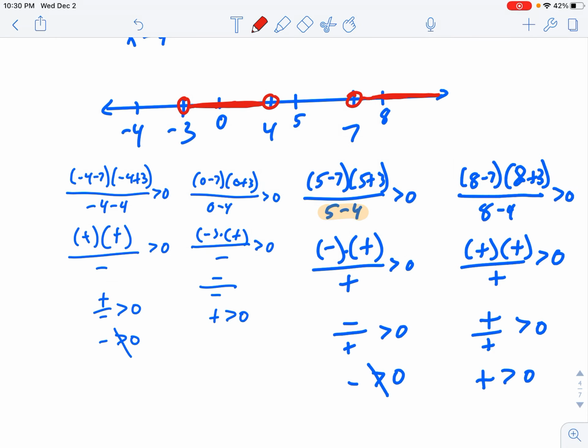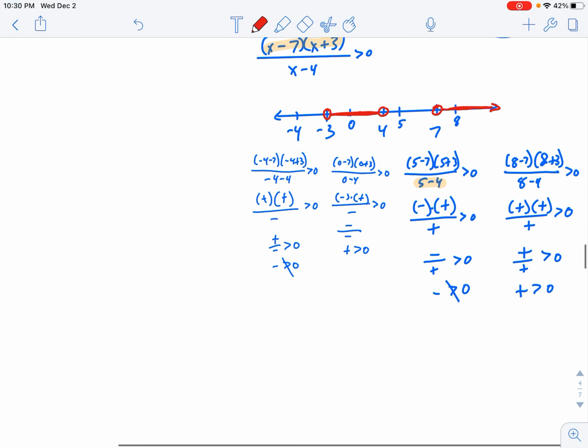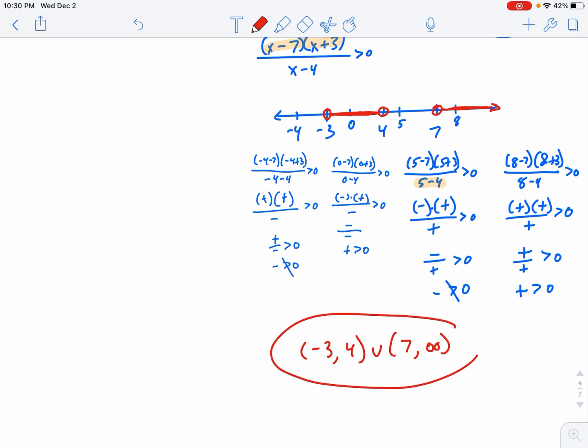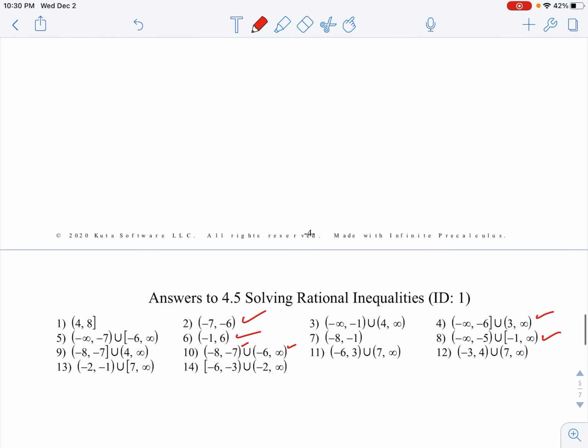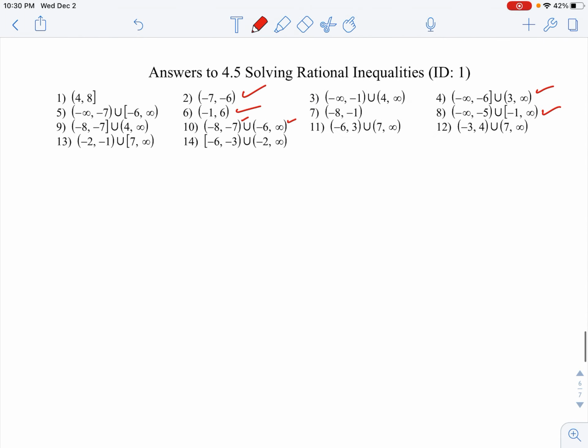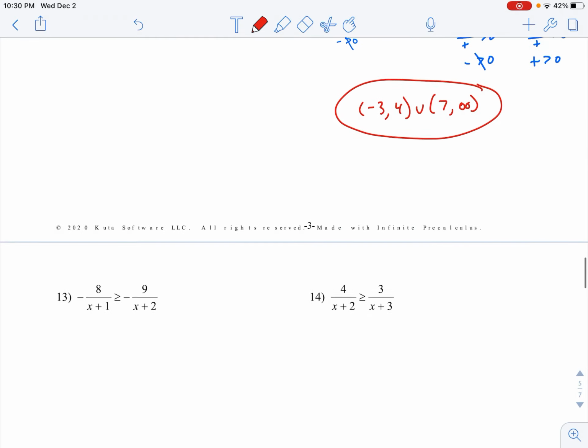This interval is a good interval. So my answer is -3 to 4 unioned with 7 to infinity. Whenever I say to infinity, I do want to say and beyond, but I don't do it. All right, looks good. Last problem.